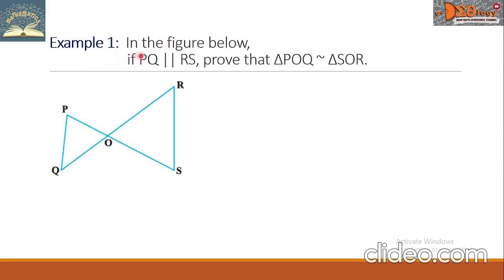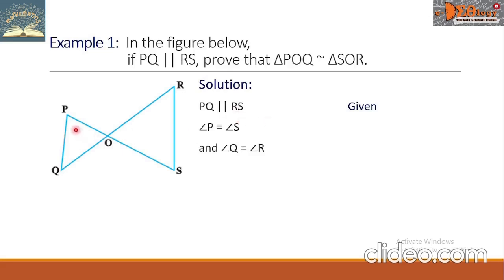Example 1. In the figure below, if side PQ is parallel to side RS, this is the PQ and this is the side RS, prove that the triangle POQ is similar to the triangle SOR. Given is the side PQ is parallel to the side RS.